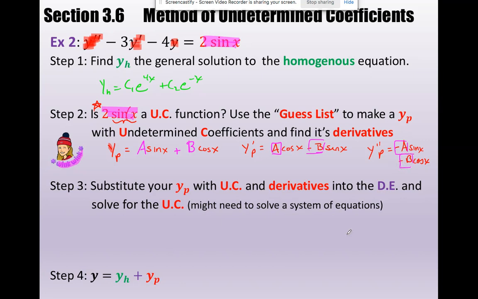I have A and B as my undetermined coefficients. Okay, I didn't have that situation with exponentials. So now I am going to take y, plug it in here, y prime here, and y double prime here, and try to solve for the undetermined coefficients. So I'm going to need some more space for this, and then don't forget my last step is to combine step 1 and step 3.